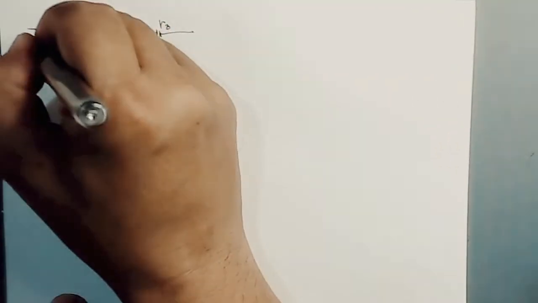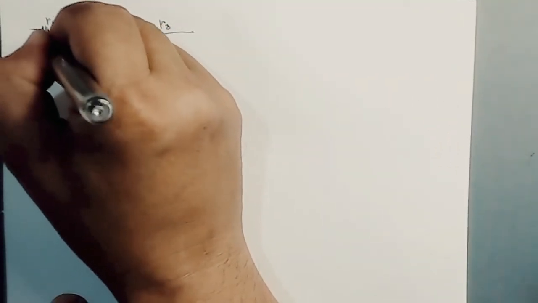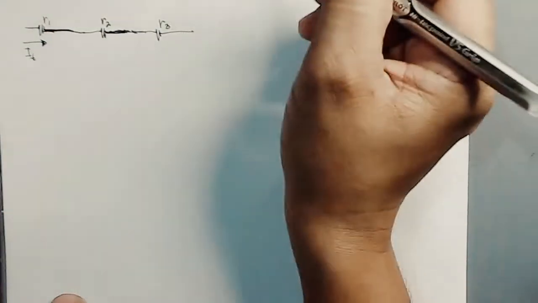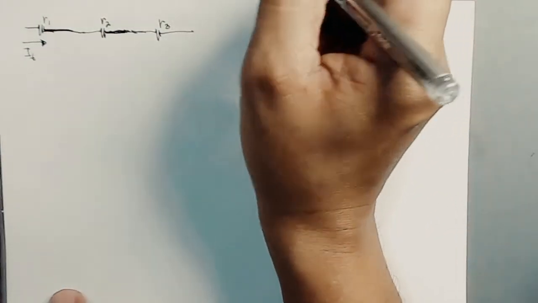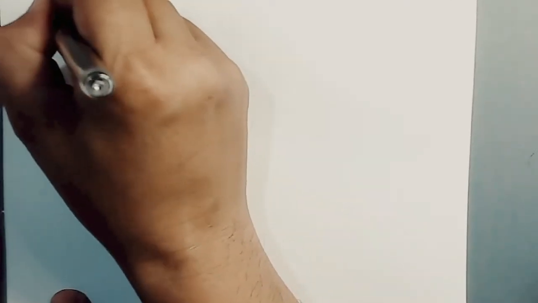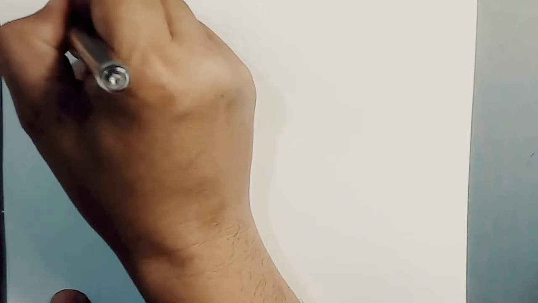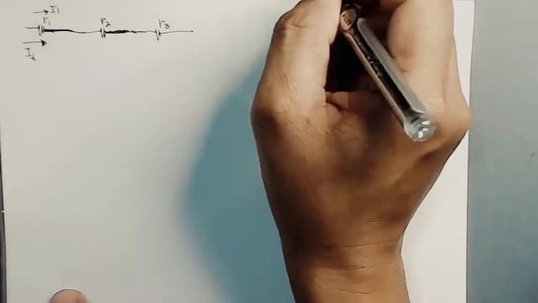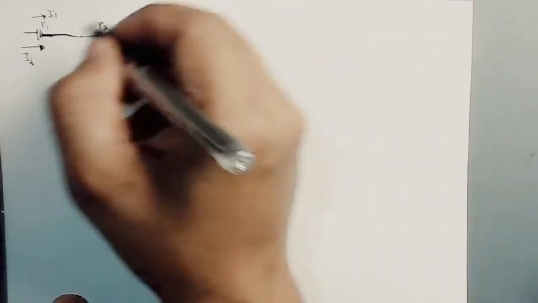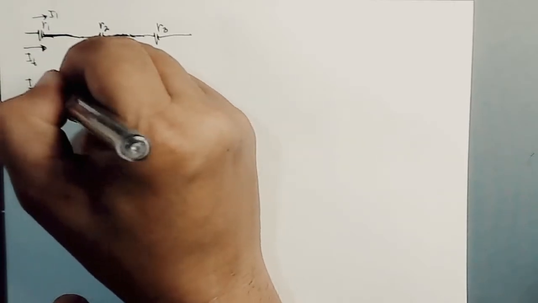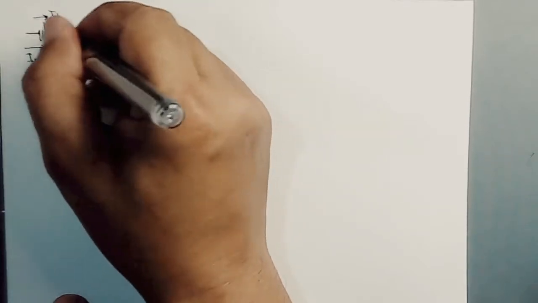And when current passes through here, let us name this as I sub T for total current. The current that is passing through the resistor R1, let's say this is I sub 1, is the same as the total current. So we can set up an equivalence: I sub T is equal to I sub 1, the current in R sub 1.